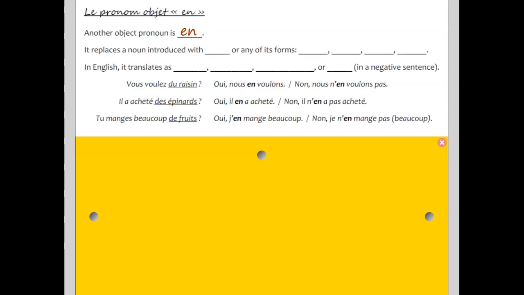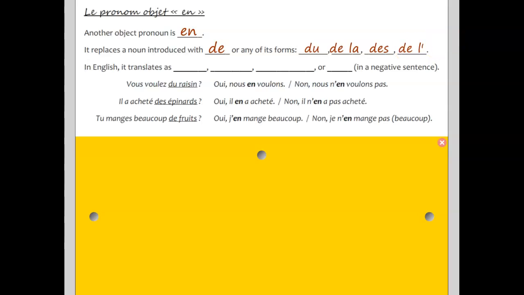So one of the instances in which we're going to use en is to replace a noun that is introduced with de or any form of de. So different forms of de that you've seen before are du, de la, des, and de l'apostrophe.